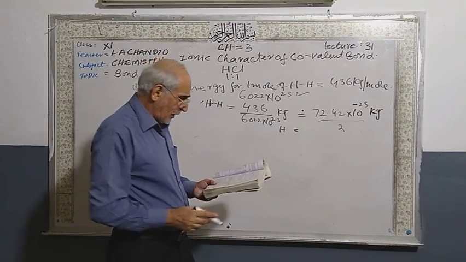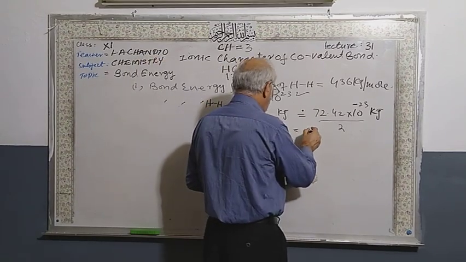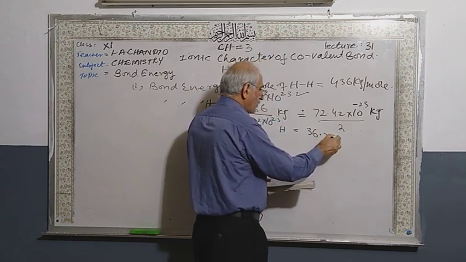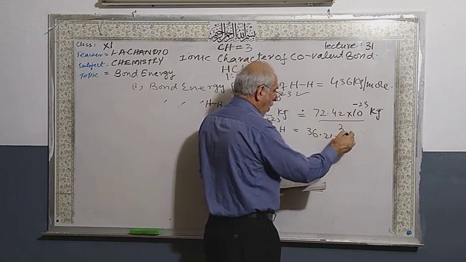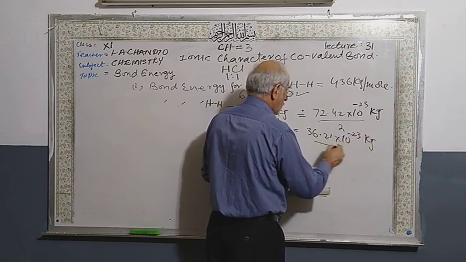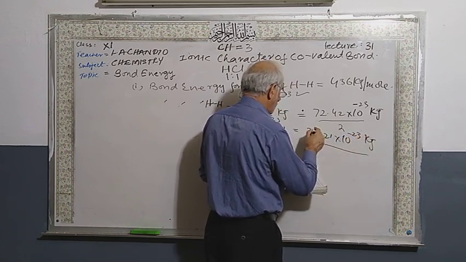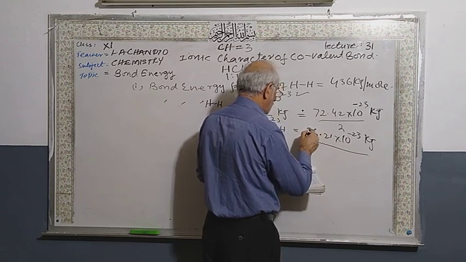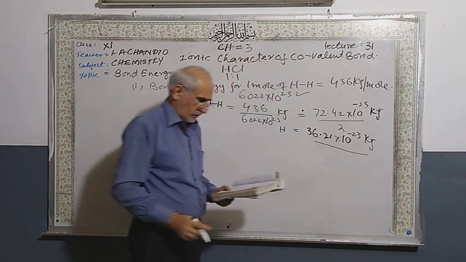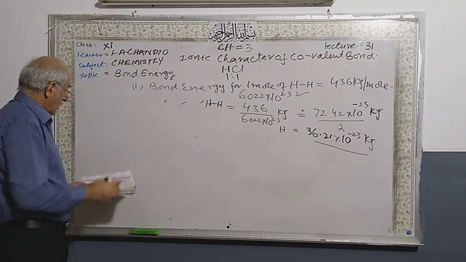So for 1 hydrogen atom, the bond energy will be half: 36.21 into 10 to the power minus 23 kilojoules. This is step number 1.